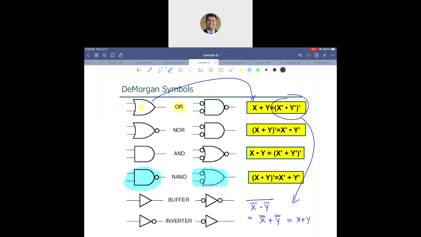We just did that in the previous example. This is a symbol of a buffer or the identity function. We talked about that a while ago, which is essentially an inverter followed by another inverter. So two bubbles. Now this is a symbol of one inverter, but you are inverting the symbol after it goes through the triangle. Over here, the input is getting flipped. They are both equivalent symbols.